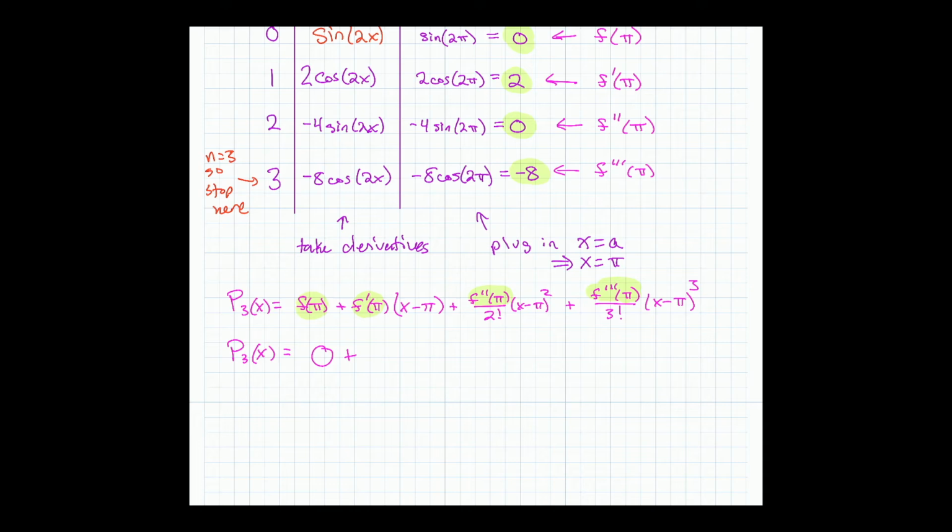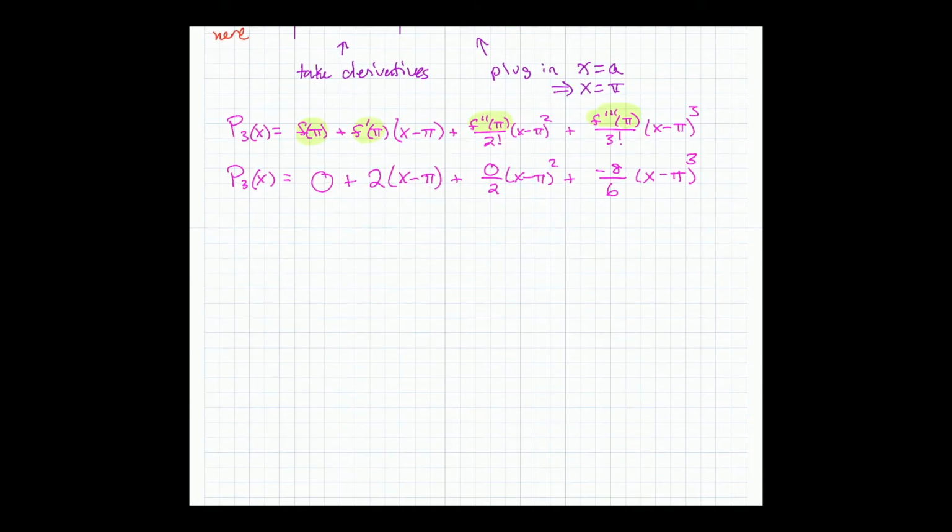So it's 2, times x minus pi, plus f double prime, so that's here, that's a 0 over 2, times x minus pi squared, plus f triple prime of pi, that's right here, negative 8. So we have negative 8 over 3 factorial. You have to calculate that at some point. 3 factorial is 1 times 2 times 3, so it's 6. And then x minus pi to the 3. That's P3.